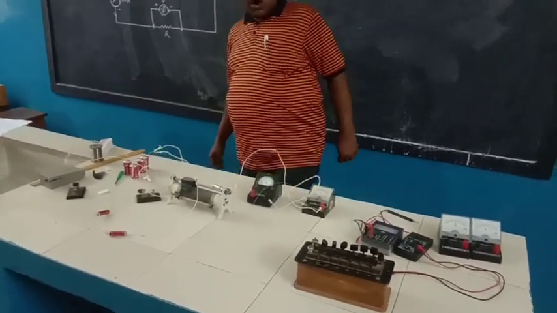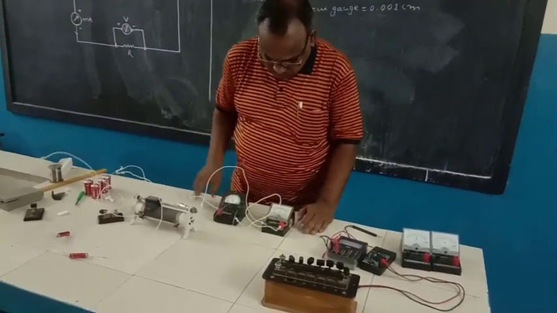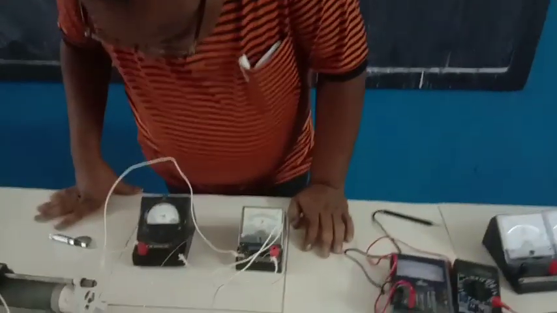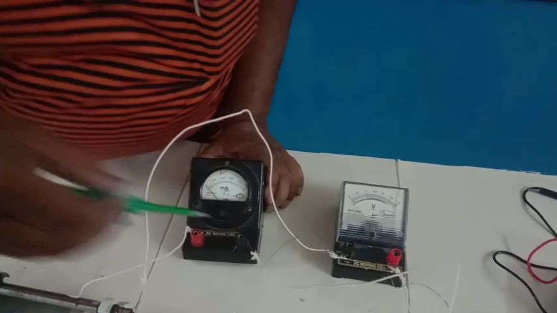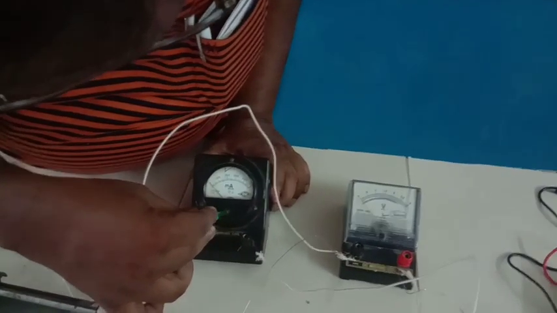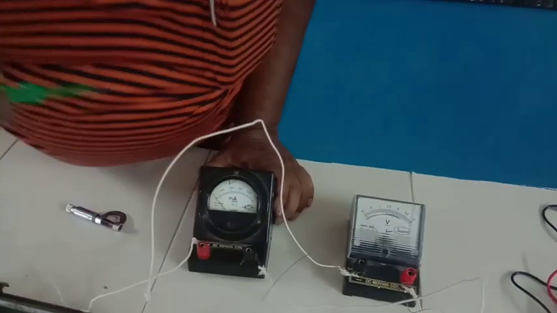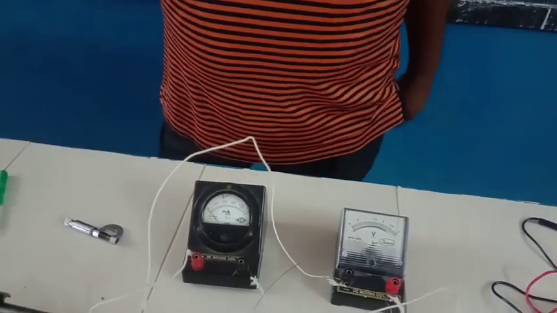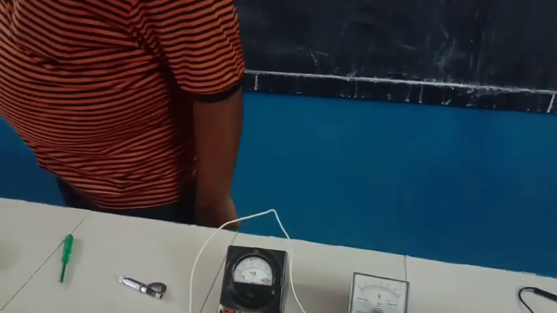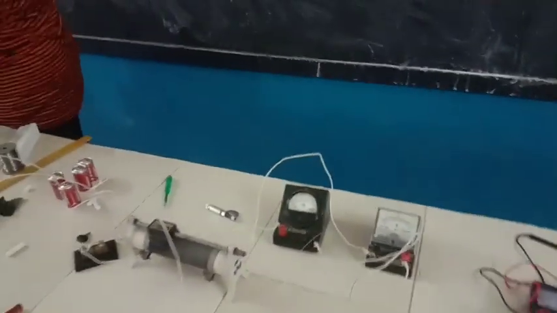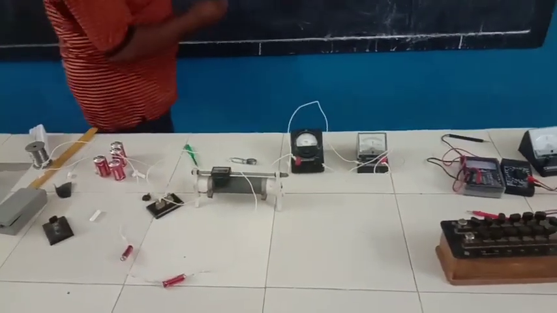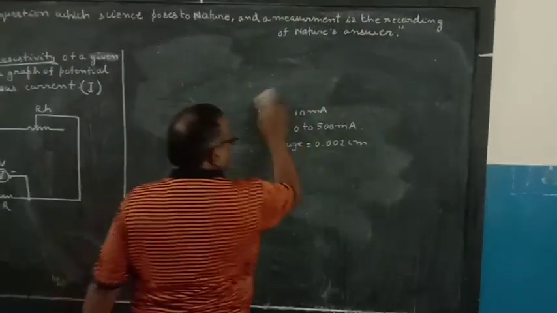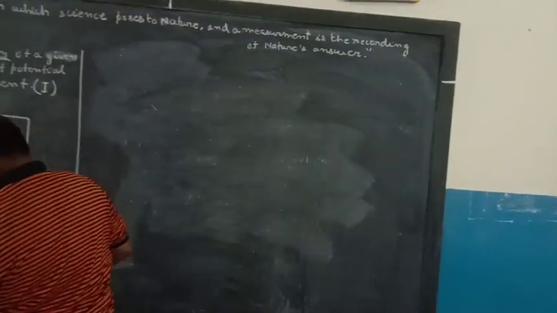Now you see, it is showing 0, 0. See carefully. It means this is the initial reading. When you take the reading of both instruments, the first thing is to note down the reading.